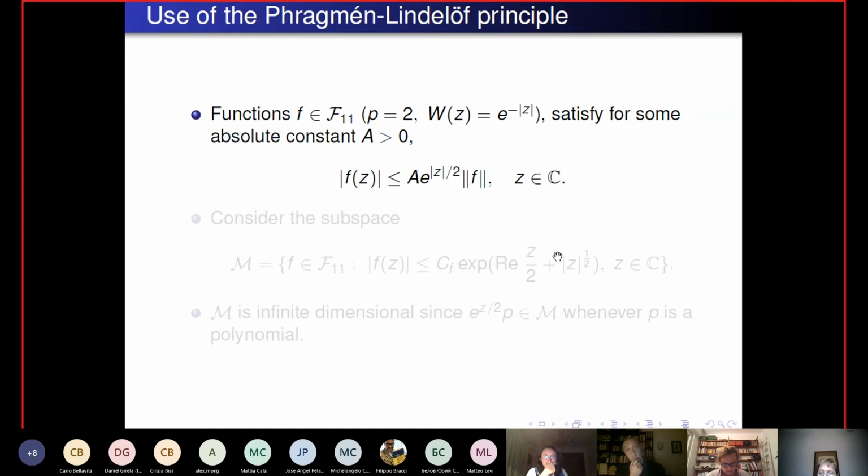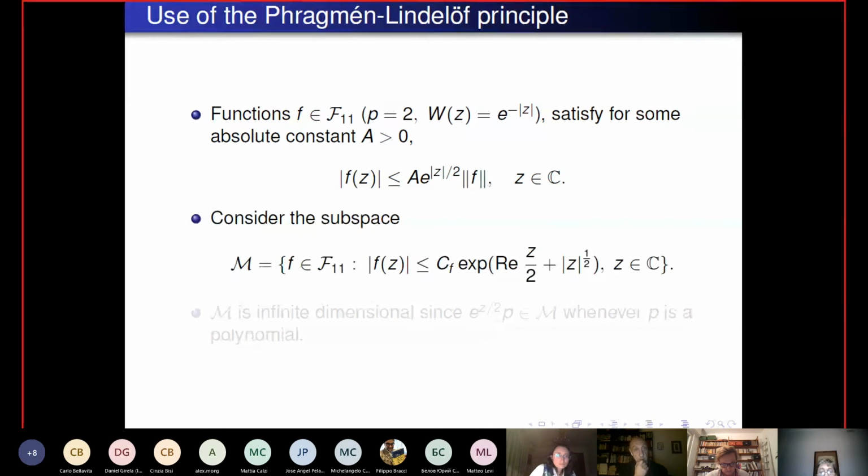And then we come with the following. We consider the functions whose growth is dominated by the exponential of the real part of z over 2 plus mod z to the 1 half.